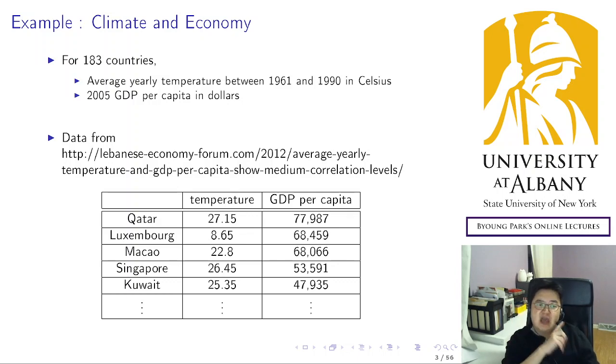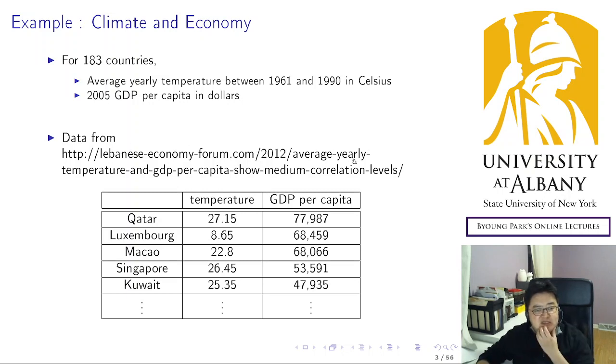One is average yearly temperature over about 30 years in Celsius. And the other variable is GDP per capita in US dollars, standardized to 2005 US dollars. And the real data can be found here, Lebanese Economy Forum.